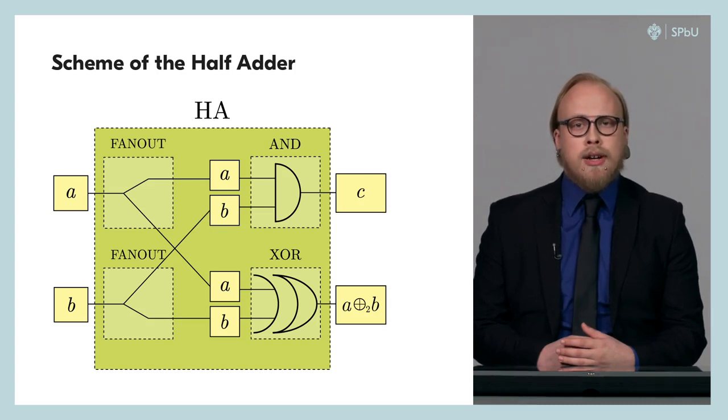The half adder adds two binary numbers, each of which can be either 0 or 1. These numbers are fed to the input of the half adder in the form of bits A and B, and as a result of all logical operations, we also get 2 bits at the output.